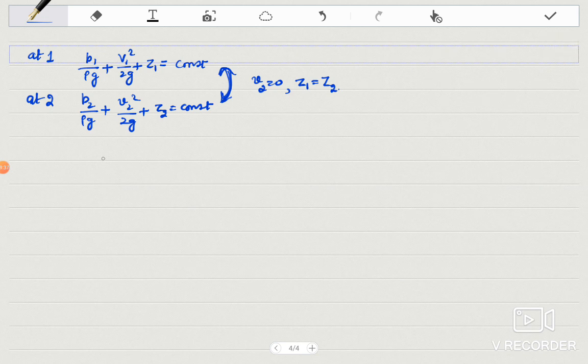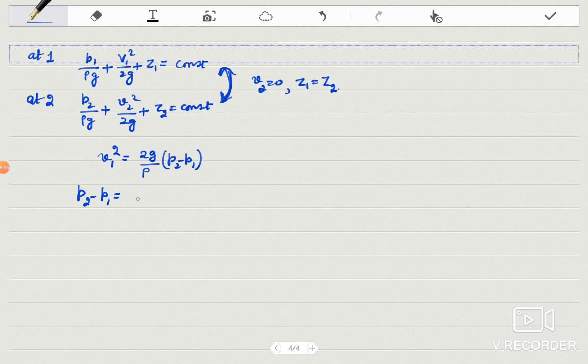So we are left with V1 square equal to twice g upon rho times (P2 minus P1).